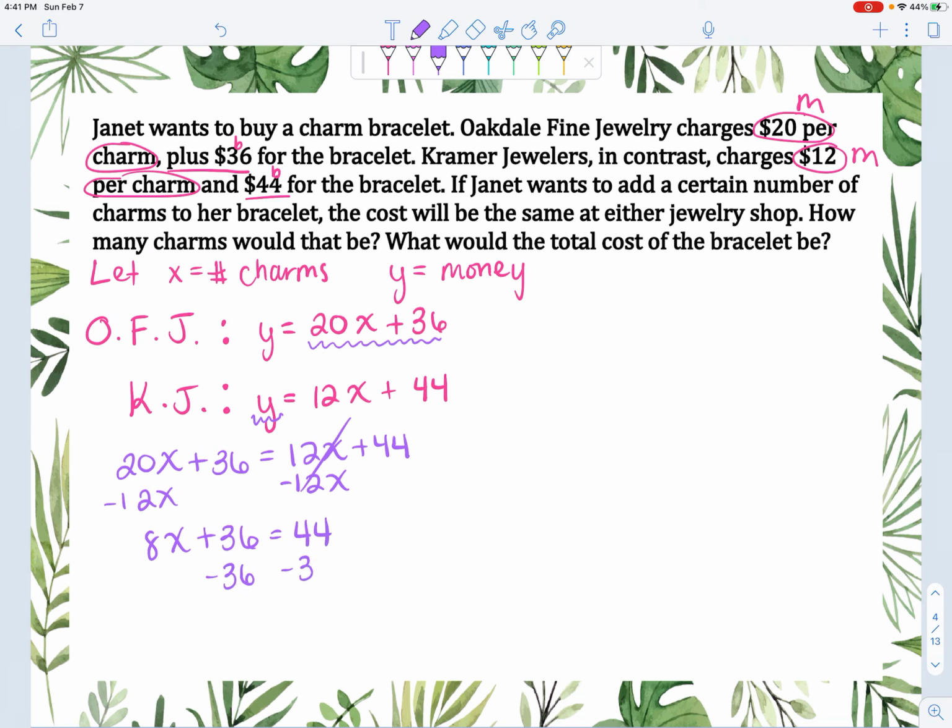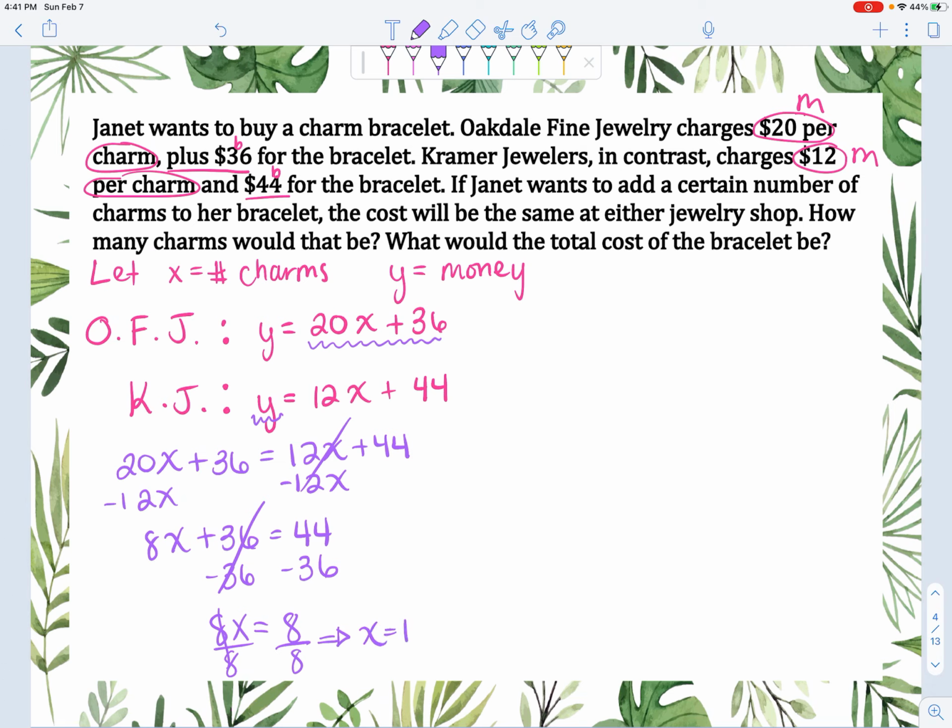Subtract the constant to solve the two-step. Let's see, 44 minus 36 is going to give me 8. And then divide to solve the one-step.